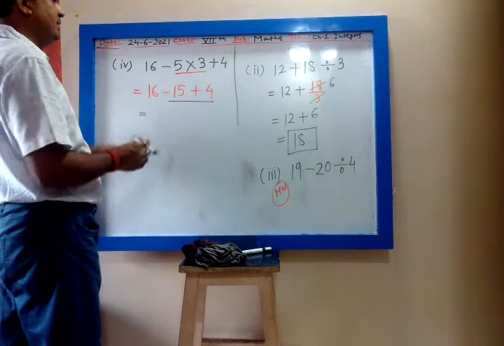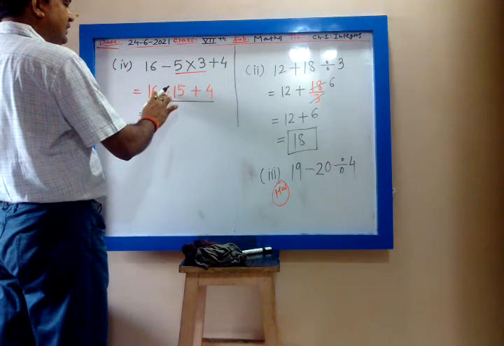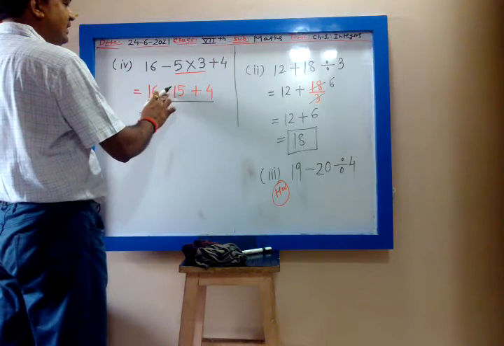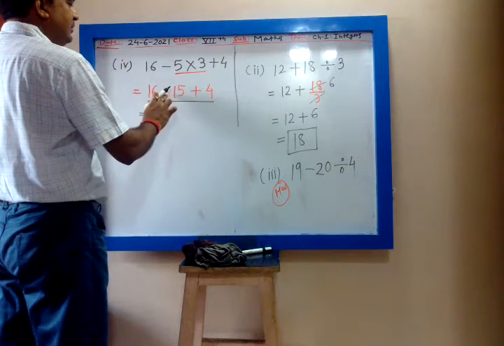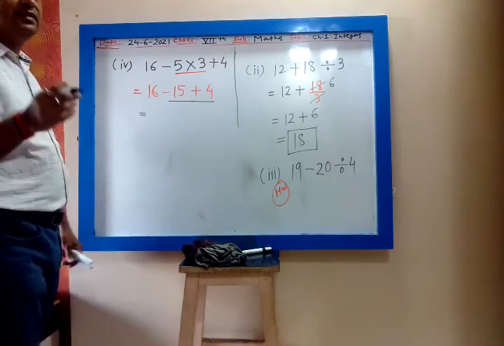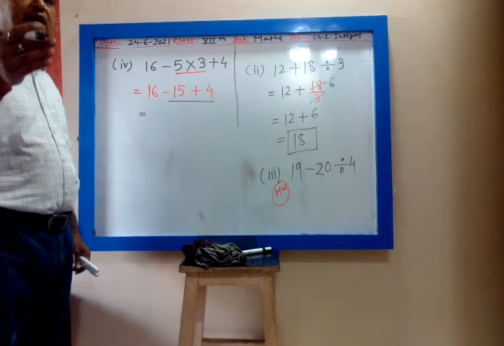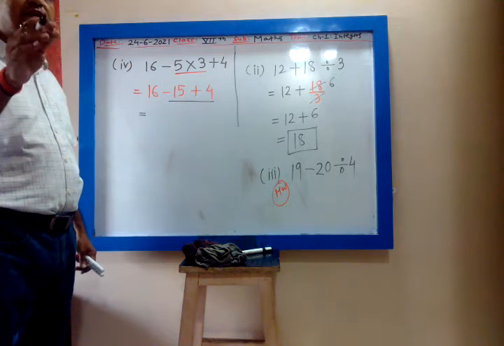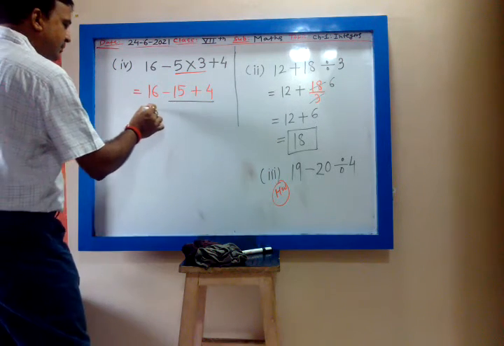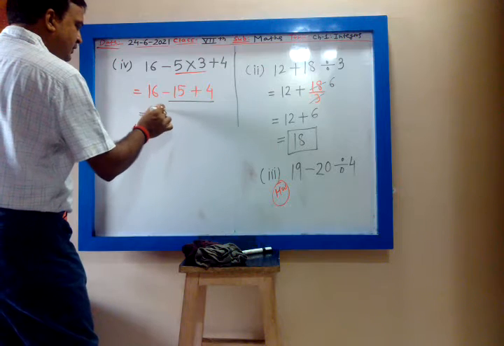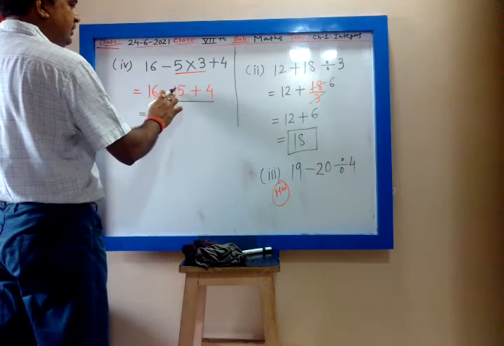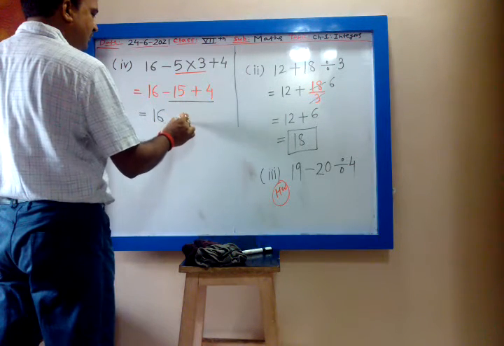First we perform this. 15 is having minus sign, 4 is having plus sign. Minus and plus, opposite sign. So whenever you have opposite signs of integers, you have to subtract smaller from bigger and take the sign of the bigger number. 15 minus 4 is 11.